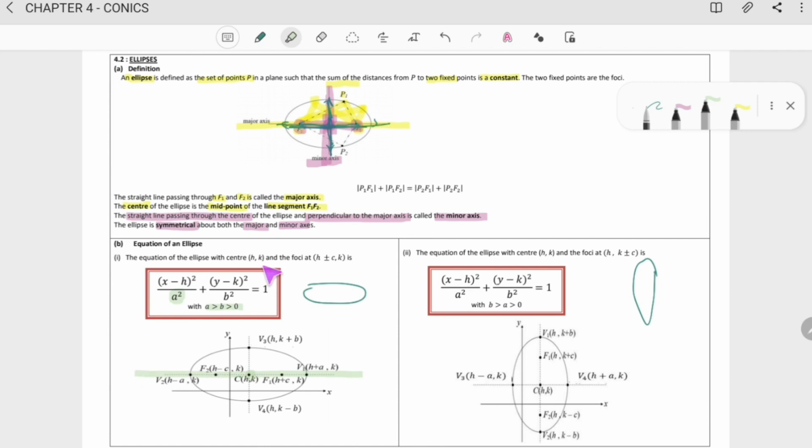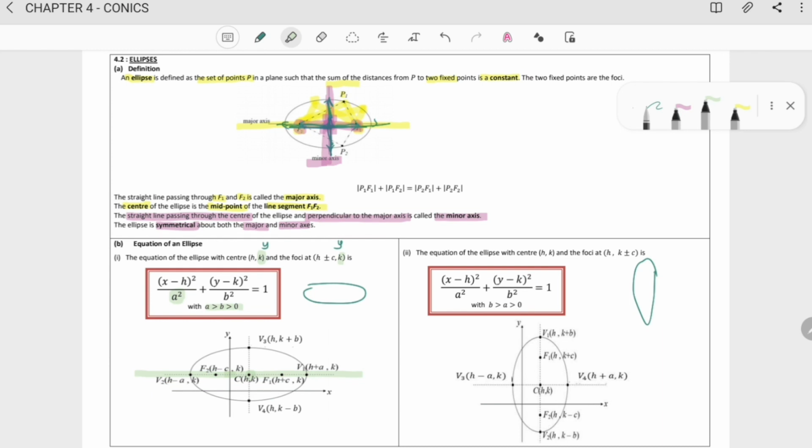The foci have a fixed value of K with the center. The K is the Y coordinate. So the Y coordinate is the same for the foci, the center, and the vertices of the major axis.